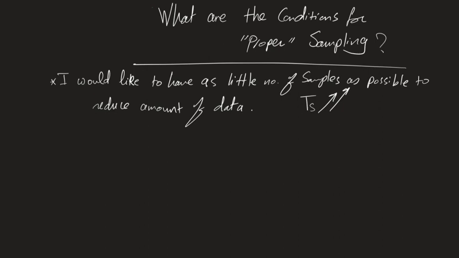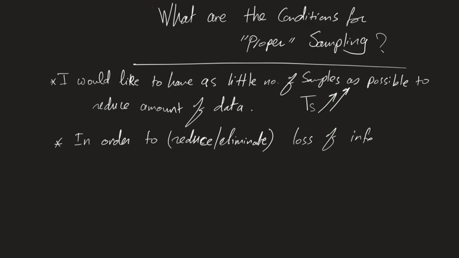So now from the other side, in order to reduce or actually even eliminate loss of information, okay, because when I take samples, I don't take all the values of the signal, so I'm losing some information, right?